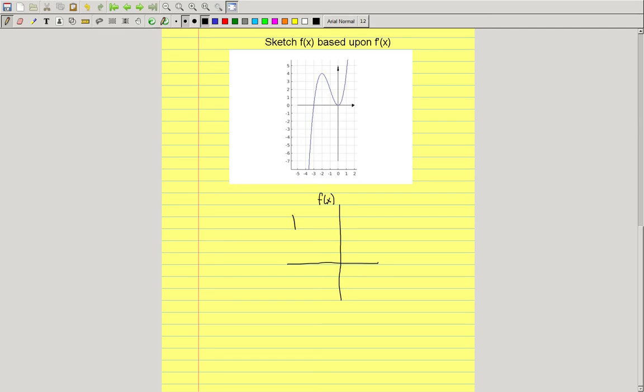We draw something that achieves some sort of local min at x equals negative 3. We see that the function goes up, and then we know that the function almost stops increasing at x equals 0 because it comes down and touches the axis, but then it recovers and turns out to be okay.